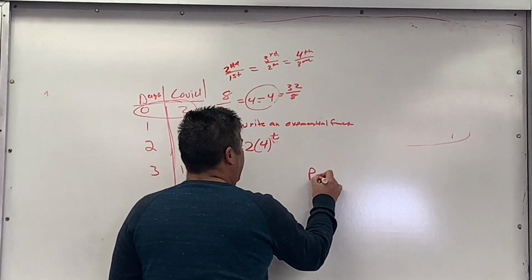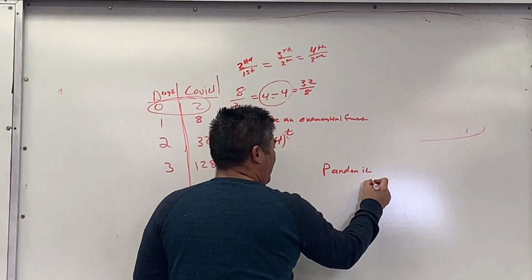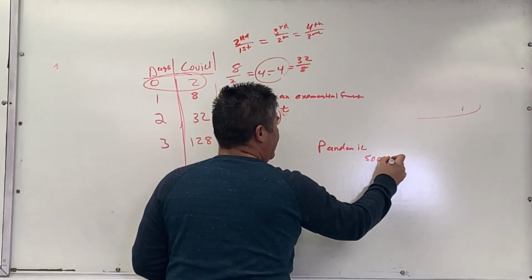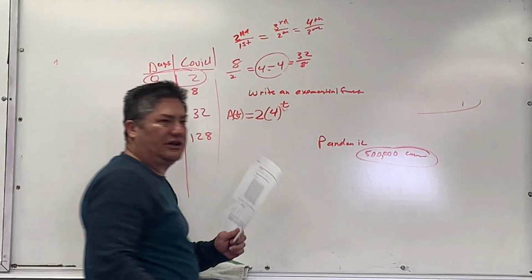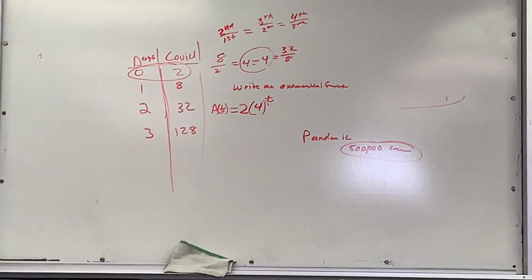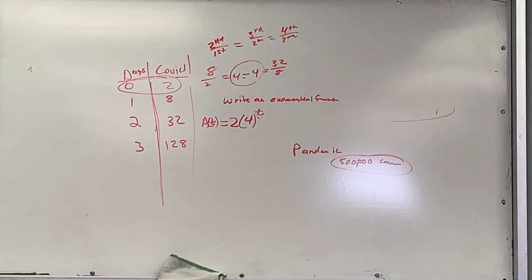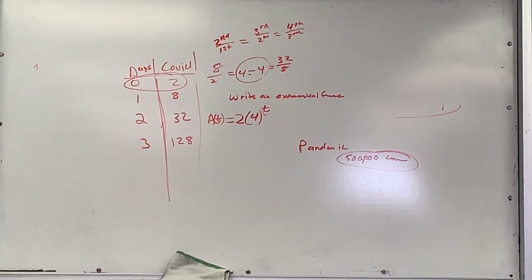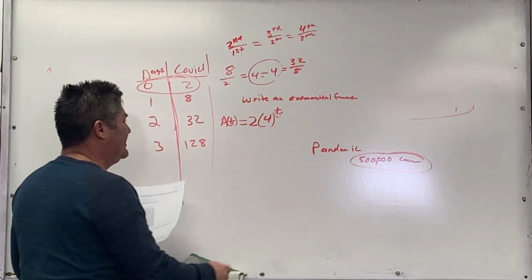So we're going to say there's a pandemic if we end up with 500,000 cases. Okay? We're going to declare that we have a pandemic if there's 500,000 cases. Okay? If we go 11 days, will we declare a pandemic? That's going to be the question.